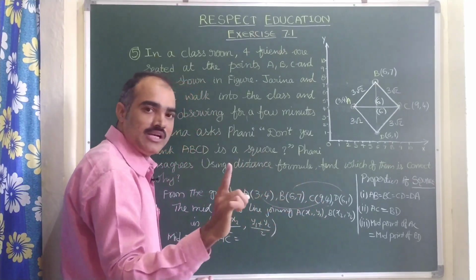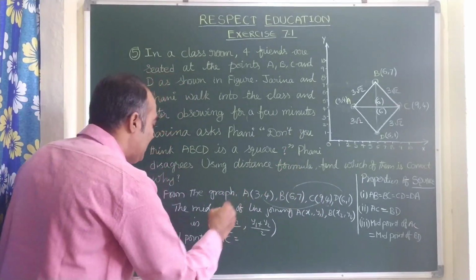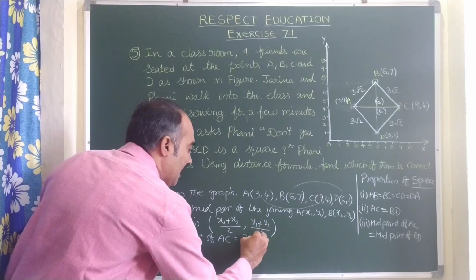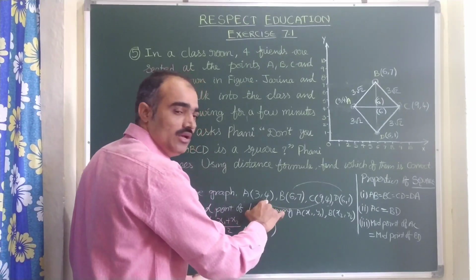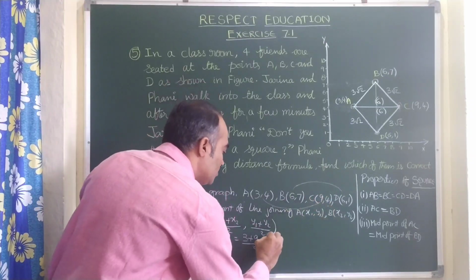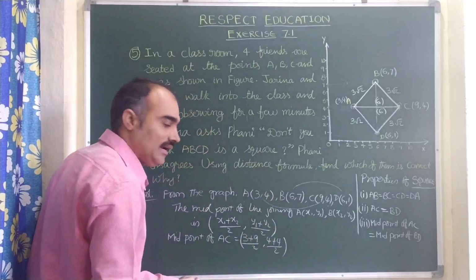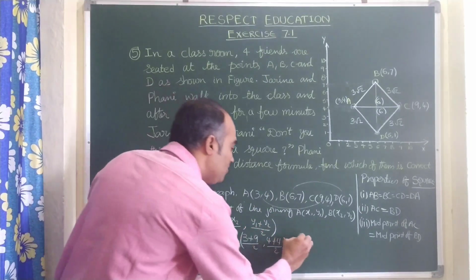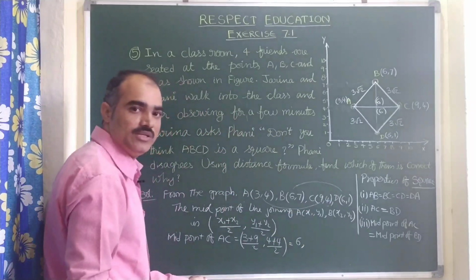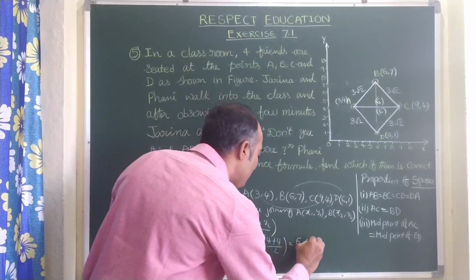Or simply you can remember these x coordinates. So 3 plus 9 by 2 comma, the y coordinates 4 plus 4 by 2. 3 plus 9 is 12, and 12 by 2 is 6. 4 plus 4 is 8, and 8 by 2 is 4.